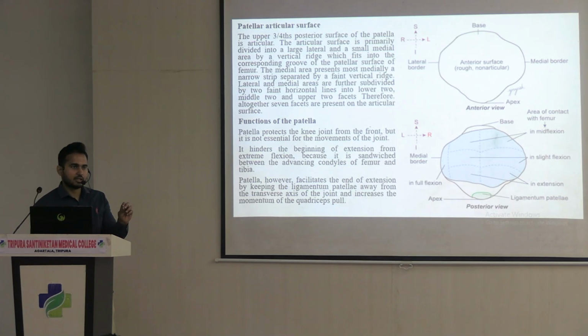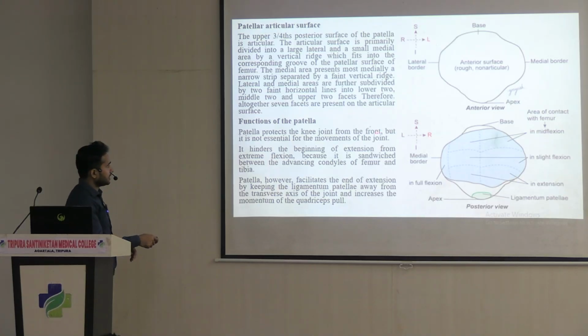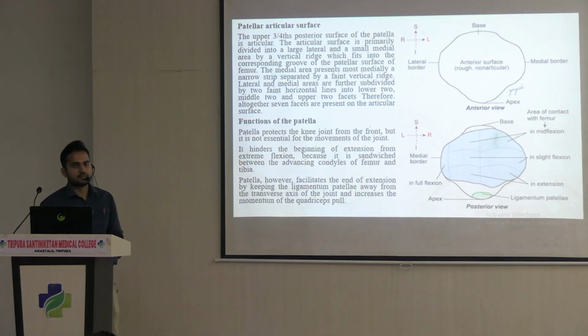Some functions are there, but important functions are not there. So first of all, it will protect the knee from the front. It hinders the beginning of the extension from extreme flexion and facilitates the end of extension by keeping the ligamentum patellae away from the transverse axis of the joint. Okay, these are some important functions of the patella.